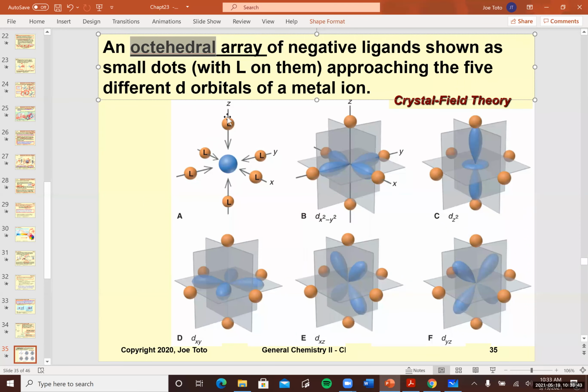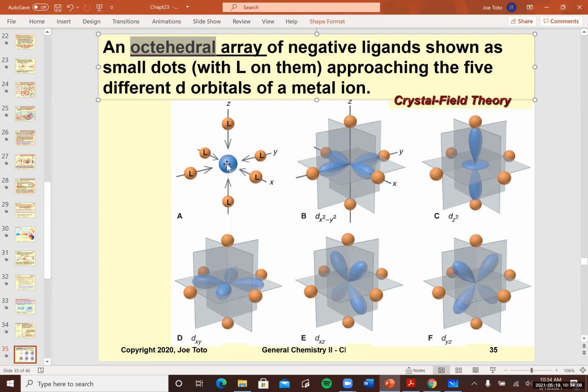Okay, so that's the Cartesian coordinate system, and you have the approach of the ligands along the positive and negative of each one. Now, how will those ligands and their lone pair of electrons interact with the electrons that are centered on this central d metal atom?